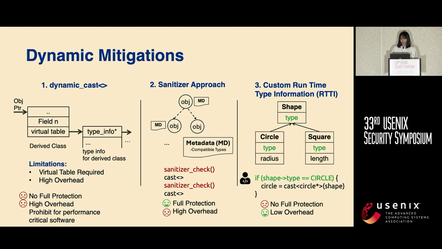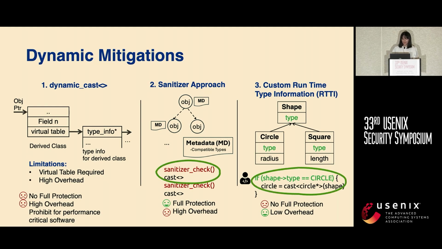By using this approach, it can introduce low overhead because there are only two operations, a memory read and a comparison. However, it cannot provide full protection because it all depends on developers' behavior. First, they may not insert such type information into the class definition. Second, before the cast, they may or may not insert such a type information check.